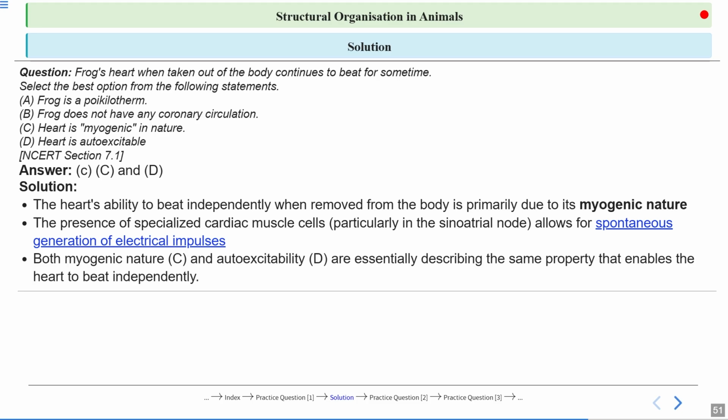So both myogenic nature and auto-excitability, the statements C and D, right? Essentially describing the same property that enables the heart to beat independently. So if we dissect a frog and we take out the heart of the frog from its body, then also you can see the heart is showing the myogenic nature. It is beating for some time.